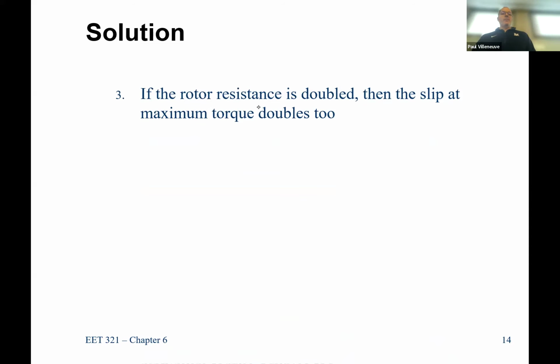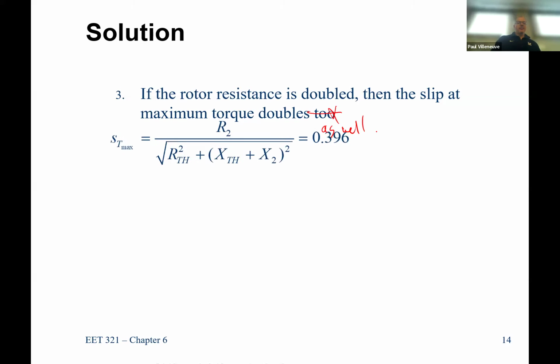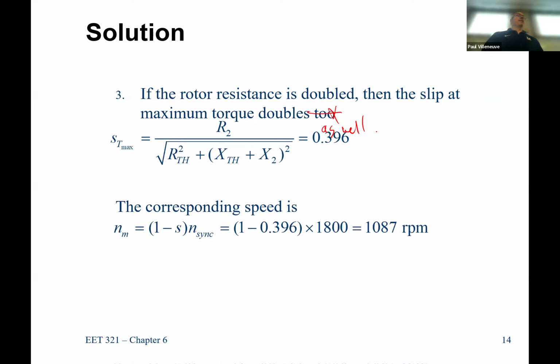If the rotor resistance is doubled, then the slip at maximum torque doubles. Oops, I have a typo here. No, that's correct. So my slip has doubled. Now my speed is 1087.